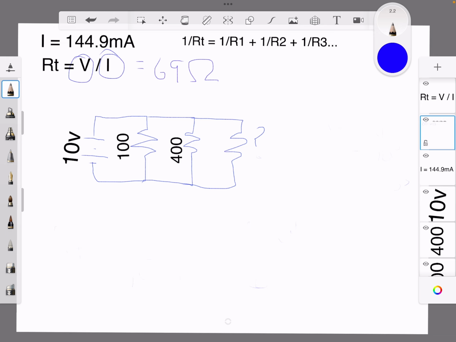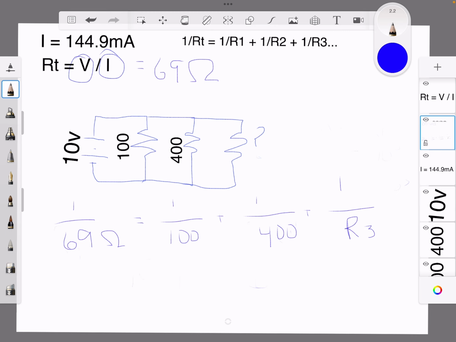So 1 over the resistance total, which is 69 ohms, equals 1 over resistor 1, that's 100 ohms, so 1 divided by 100, plus 1 over resistance 2, which is 1 over 400. And then we have our unknown. So our unknown goes 1 over, and you can just call this resistor 3. You could put a question mark, but that is what we're looking for.